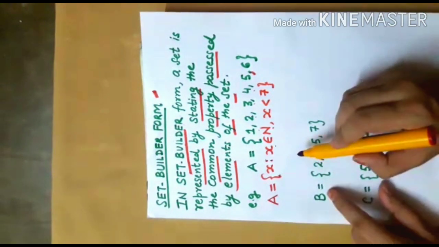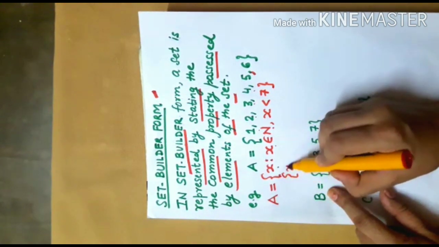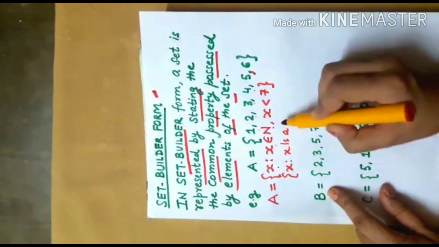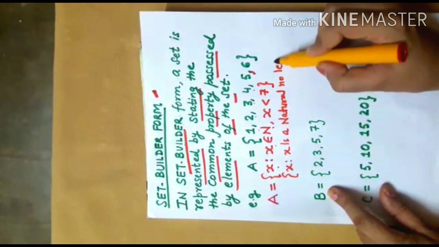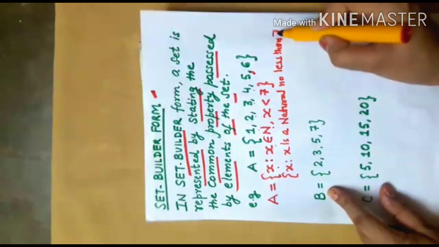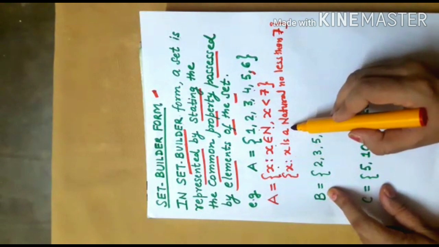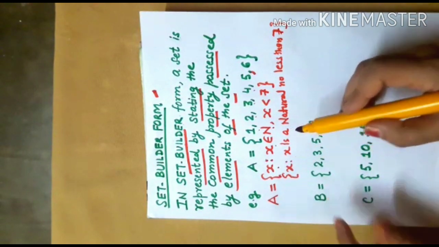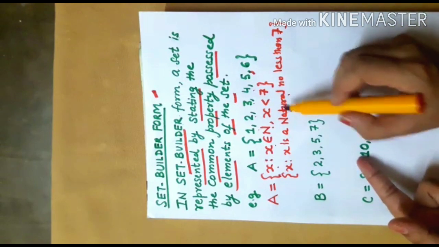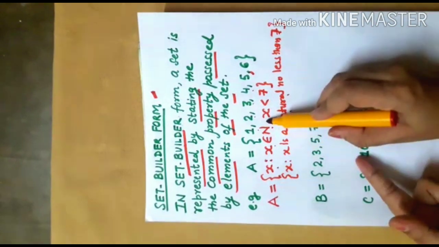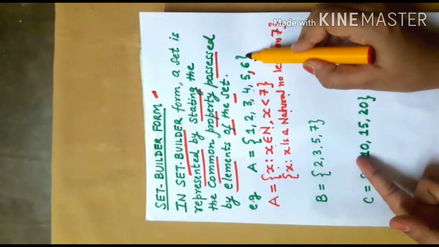Or I can simply write collection of all x such that x is a natural number less than 7. So here you can see that I have not listed all the elements. I have just stated the property possessed by the elements of the set. So here this is the set builder form and here this is the roster form.